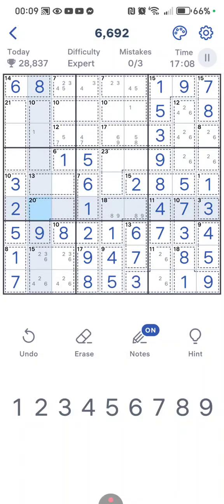So what's in here? 1, 2, 3, 4. So this is 5 and 6.